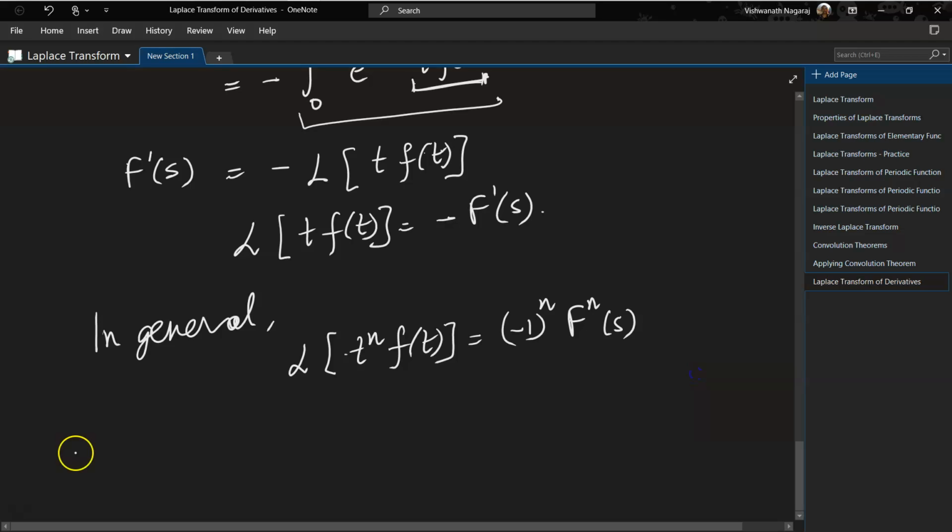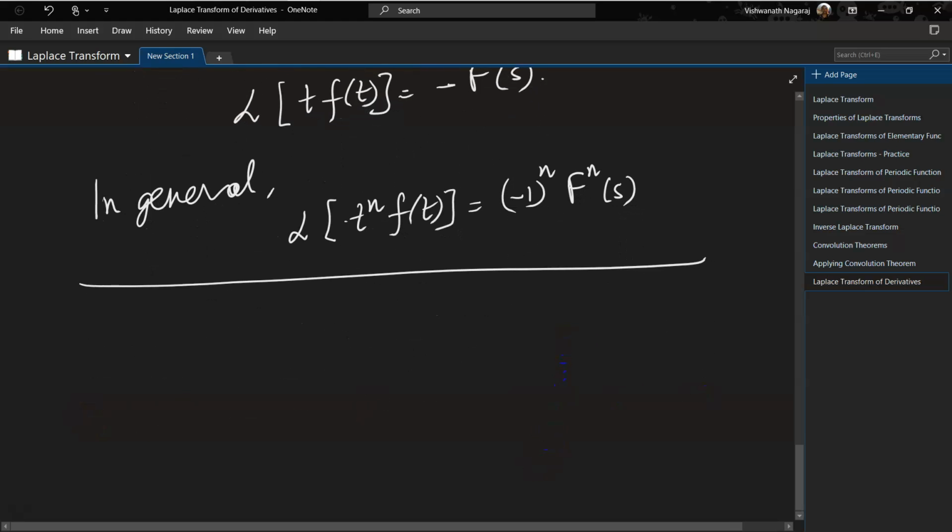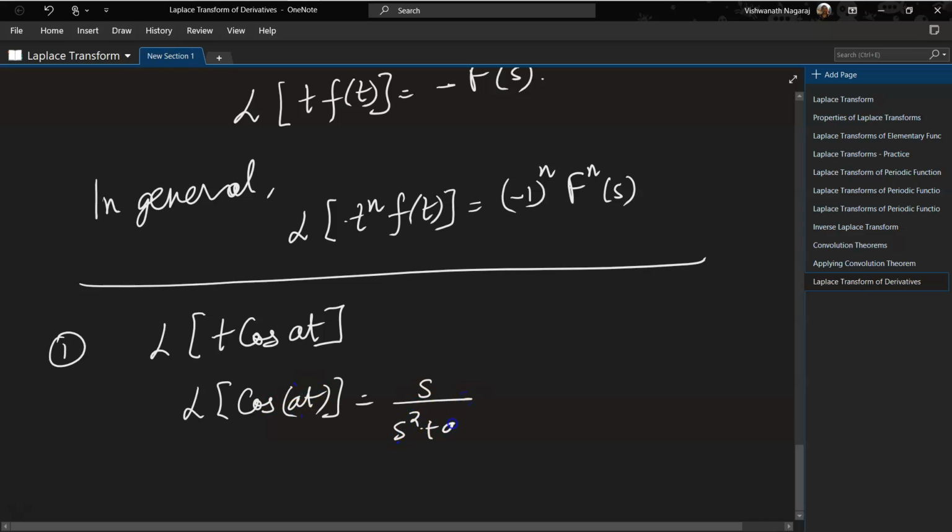Now let's very quickly do two problems to see how this actually gets applied. First one, let's say we have to find the Laplace of t cos at. Now we know the Laplace transform of cos at is s by s square plus a square.